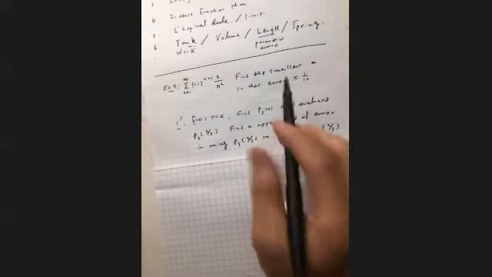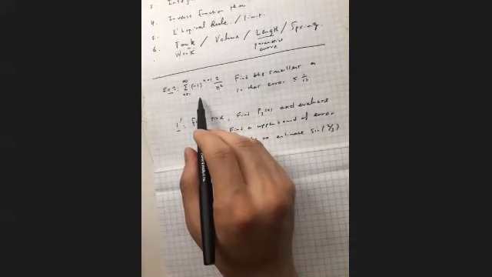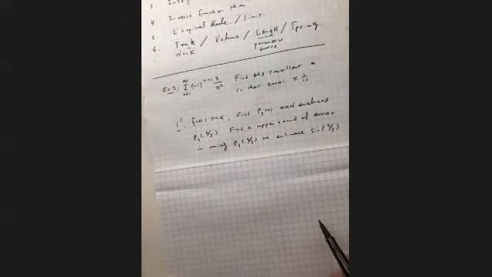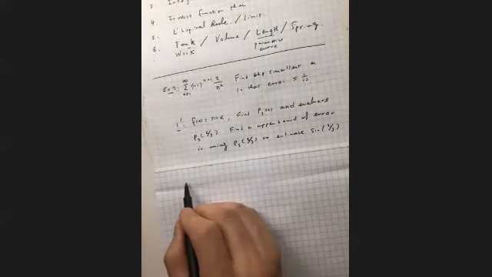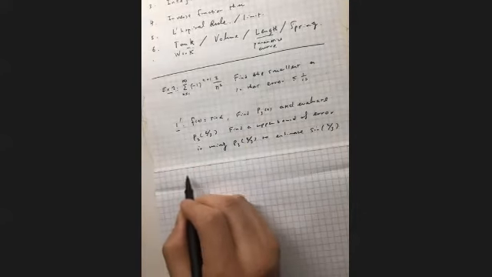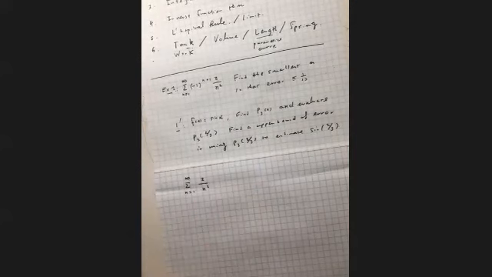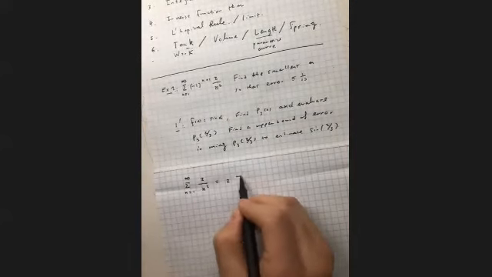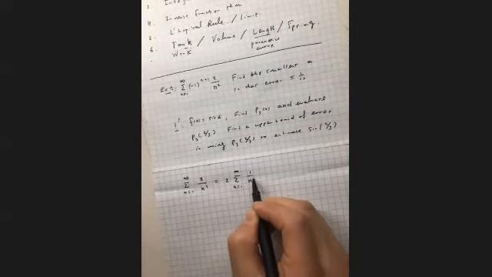So for number 1, the example 1, how do you actually determine the convergence or divergence of this one? This is actually pretty easy, because you can see when you take the absolute value of the series it becomes 2/n², which actually equals 2 times the summation as n goes from 1 to infinity of 1/n².